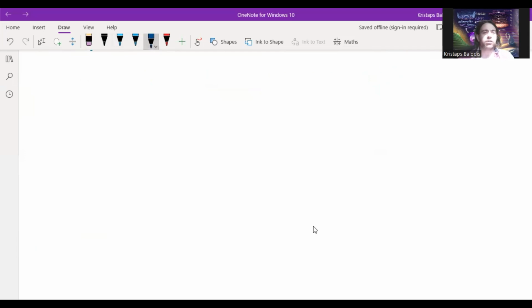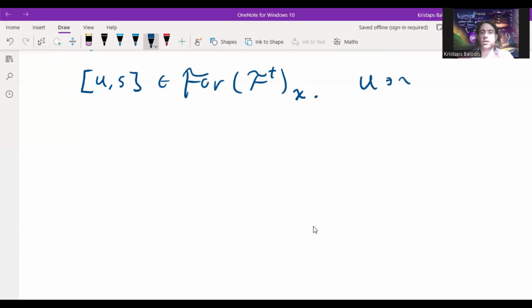Rather, I'm trying to suppose I have some s in the stalk of this thing at x. Sorry. So in particular, that means U is an open set containing x, and of course, s is this function here, plus some special properties.